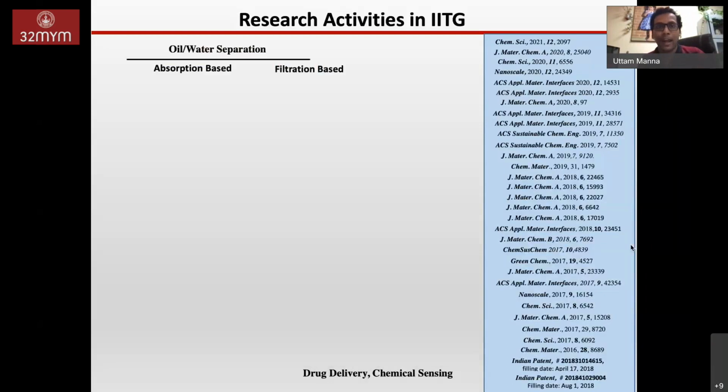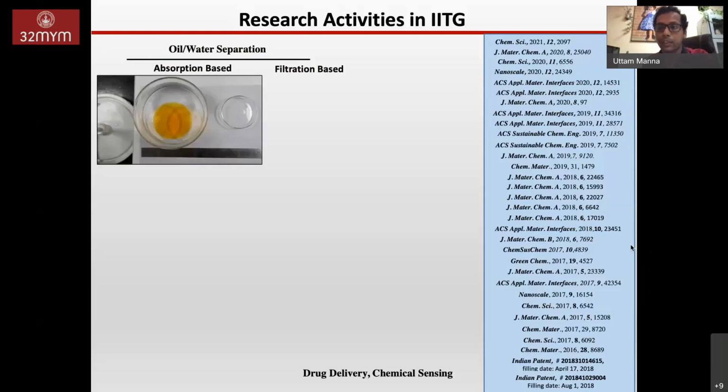And I'll take this platform to say what we are currently doing in our laboratory. We're mostly working on three different special wettabilities. One is superoleophobicity, another is superhydrophobicity, and the third is slippery liquid infused porous interfaces, which is basically inspired by the Nepenthes pitcher plant. Now, you can strategically use those interfaces for different potential applications, starting from oil water separation.